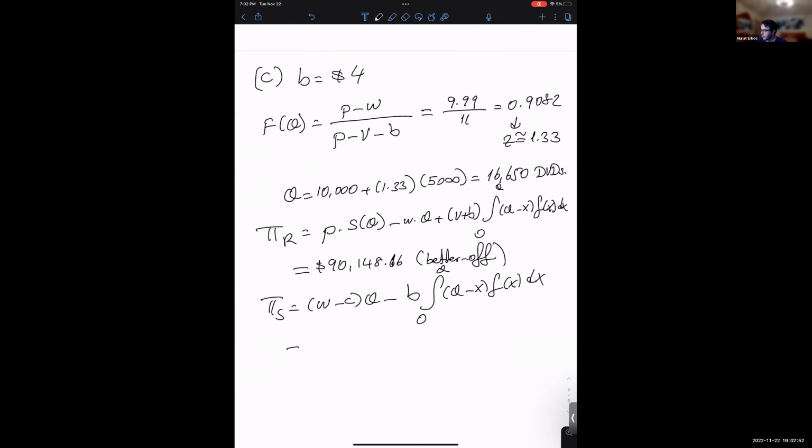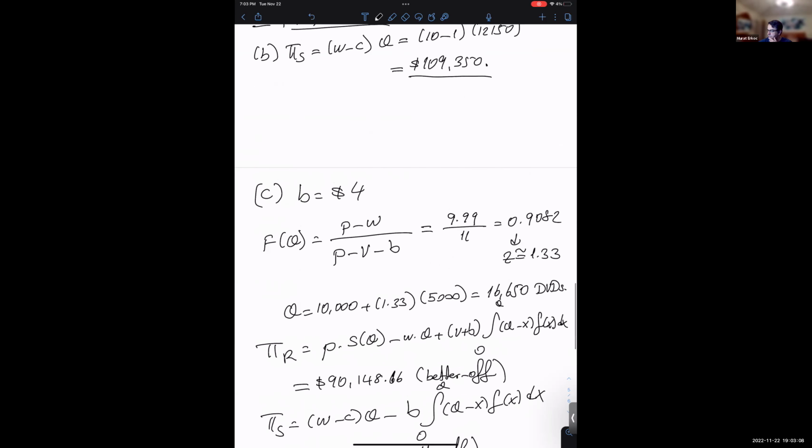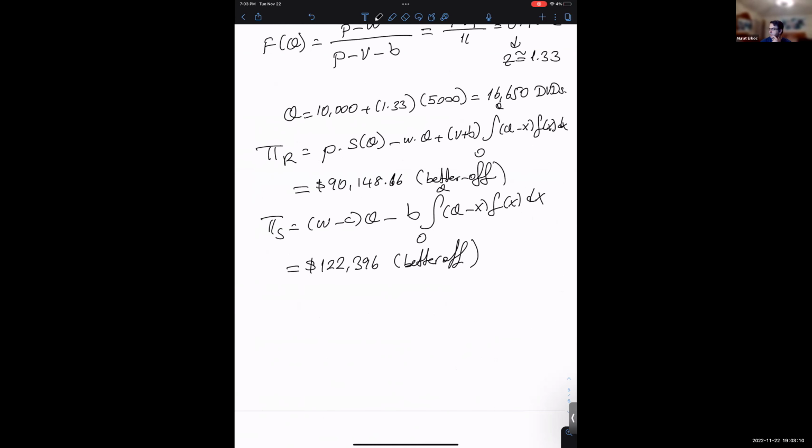And again, when you plug all the numbers, you will get $122,396. Of course, they're better off, because 122,000 is definitely greater than 109,000. So this is a good contract. Both parties will be happy to implement this contract.